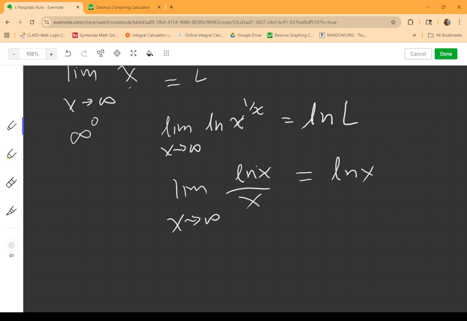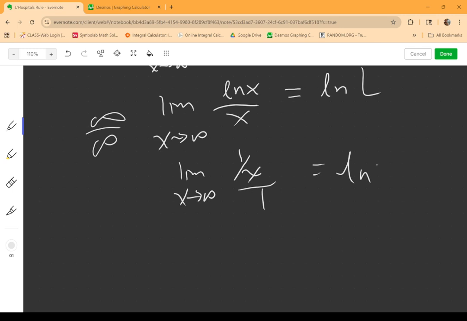Again, as x goes to infinity, the numerator is going to infinity and the denominator is going to infinity. So now we're of the form infinity over infinity. So we take the derivative, and as x goes to infinity, we get 1 over x over 1, equals ln of L. Which means that 1 over x as x goes to infinity is getting smaller and smaller, so it's approaching 0.